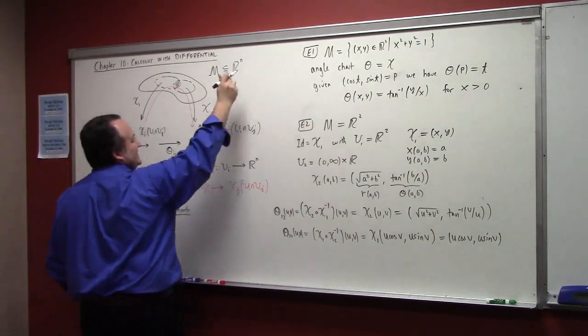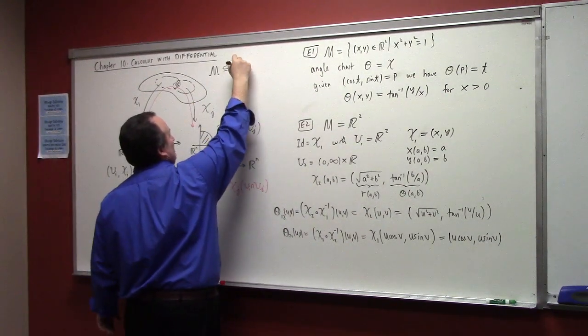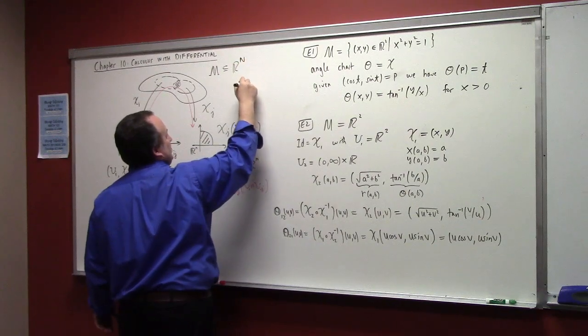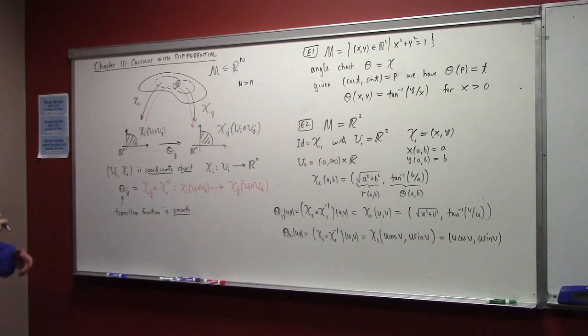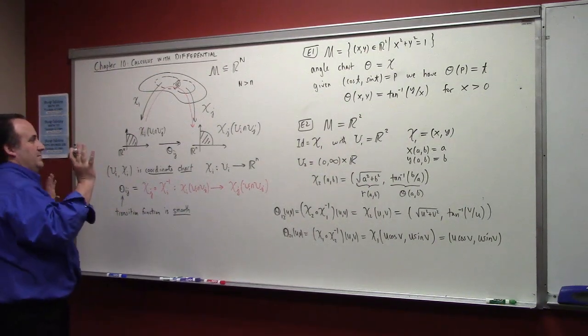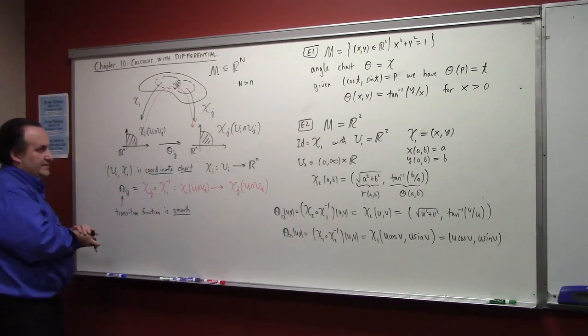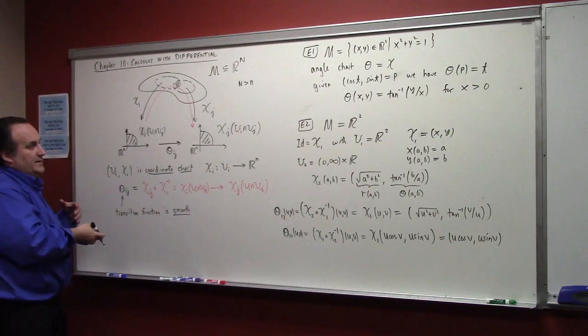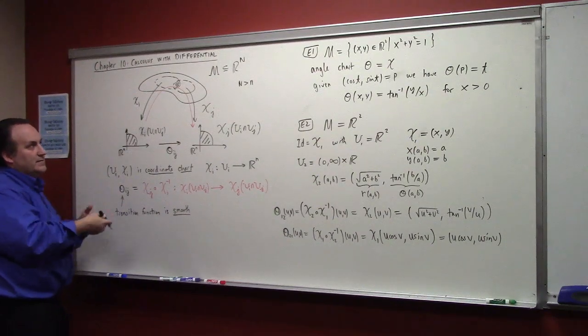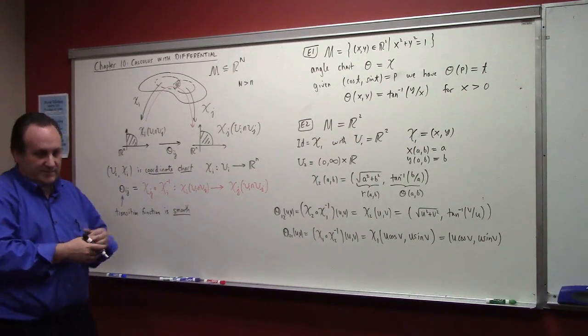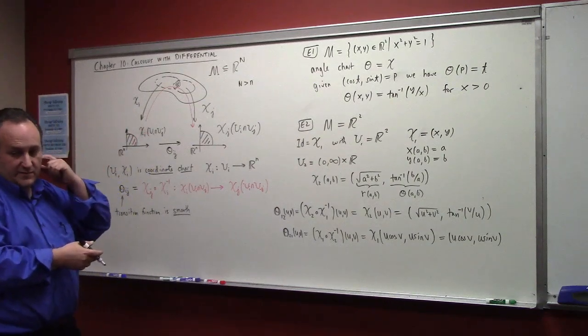And I really should say that this is a subset of R big N or something, where generally speaking n is less than big N. There's a famous embedding theorem by Whitney that says that any abstract manifold of finite dimension can be nicely embedded inside a Euclidean space, inside Rn of n sufficiently large.